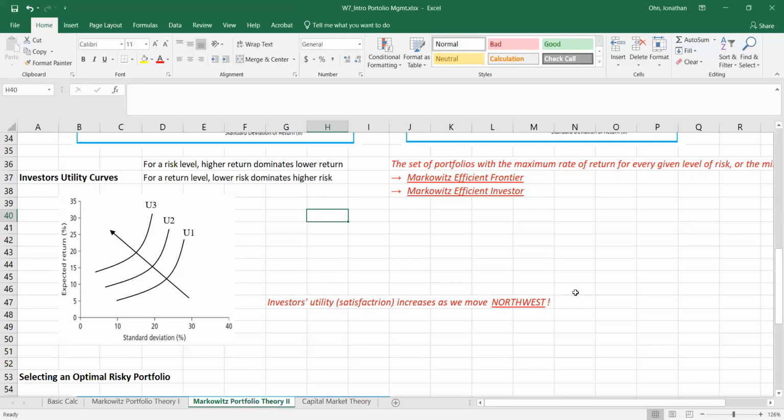Probably the utility curve for a combination of two goods, and I think a popular example would be Coke and pizza, right? The more Coke you have, the more satisfaction you get. Yeah, more pizza, you get more satisfaction, but within a reasonable boundary.